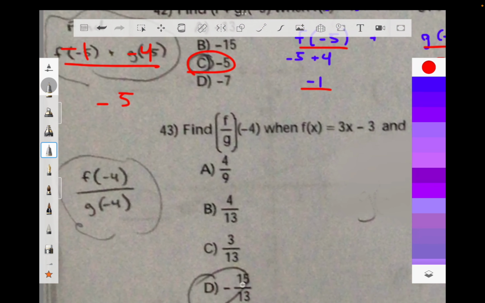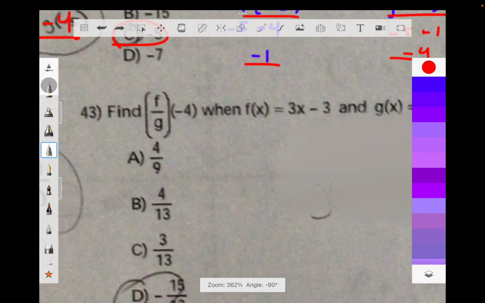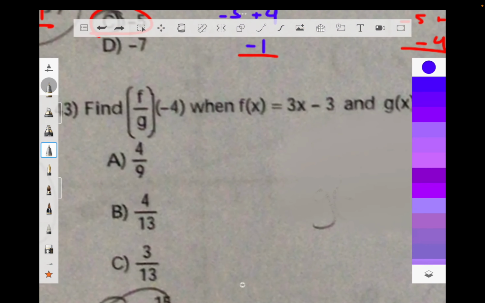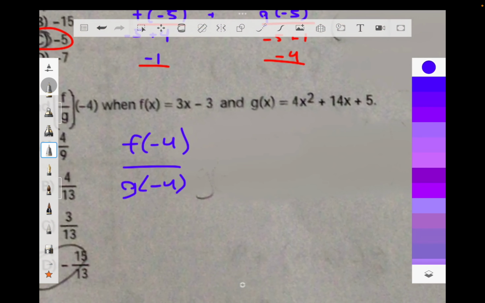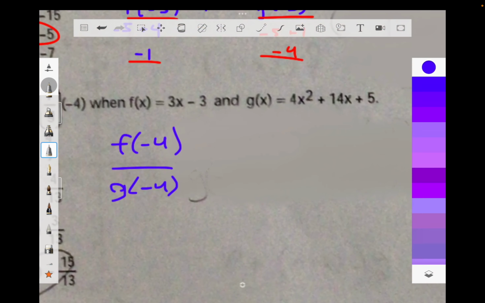This one, again, I'll just write on the side. It's saying f of -4 over g of -4. Let's focus on doing these first, and then we can plug them back in when we get normal numbers.